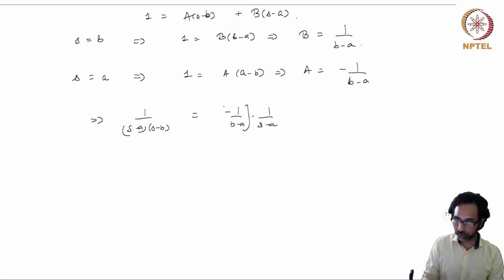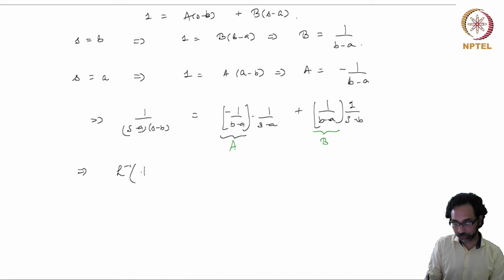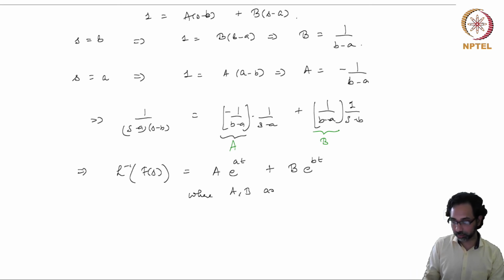So this is our A, and we have another term 1 over (b minus a) times 1 over (s minus b), and this is here our B. So now we can immediately compute our inverse Laplace transform for this function F(s), and this is nothing but A times exponential at plus B times exponential bt, where A and B are as above.